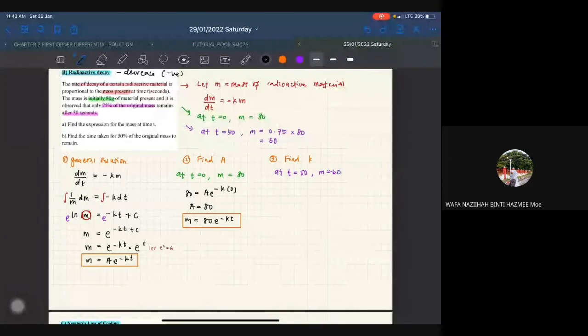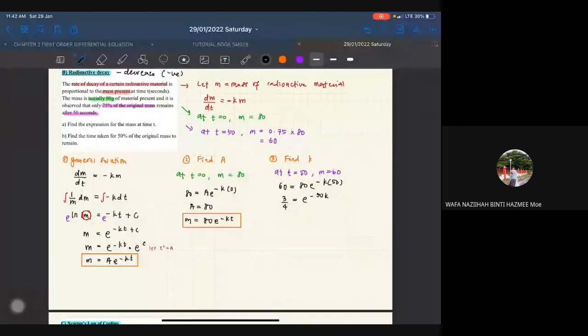Alright, so let's substitute. So you get M 60 and then equal to 80, e power of negative K times T is 50. Okay, so 60 divided by 80. Kita boleh simplifykan dia as 3 over 4, and then equal to e power of negative 50K.